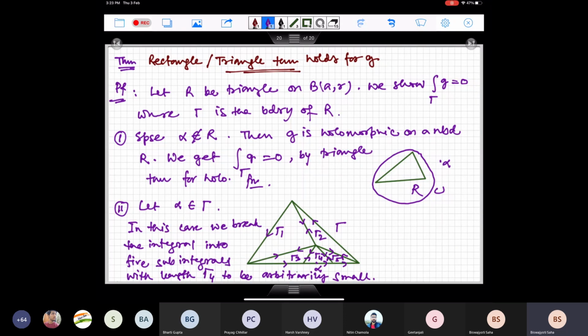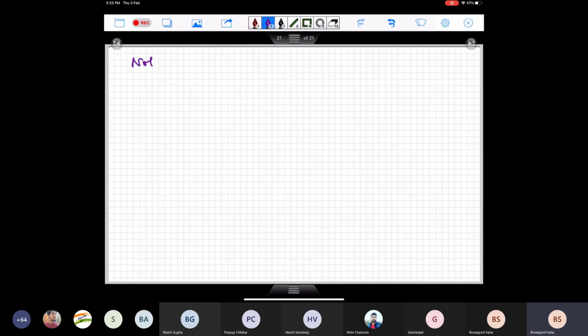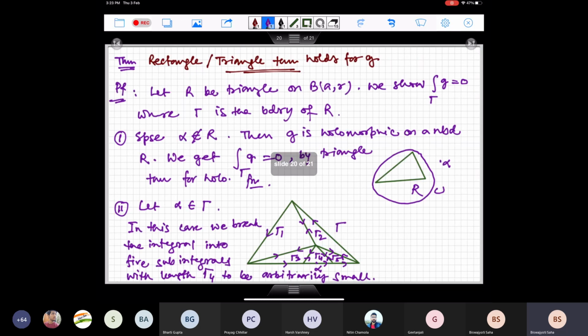Note the integral of g along gamma is the summation over i from 1 to 5 of the integral of g along gamma i. Fine, do all of you agree to this?